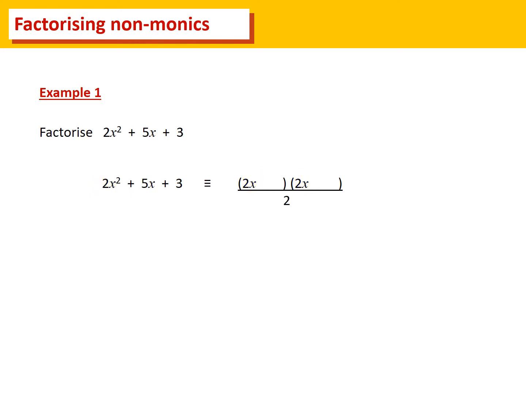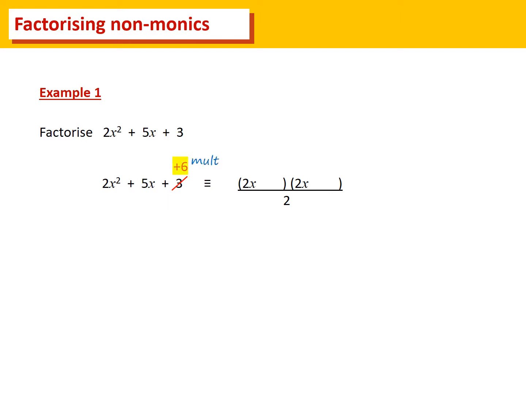Now, let's go back to the quadratic. We multiply the number in front of the x squared by the number on the end. So we multiply 2 times positive 3, and that gives us 6. And the reason we do that is as follows. Watch carefully. We then ask ourselves the following question.